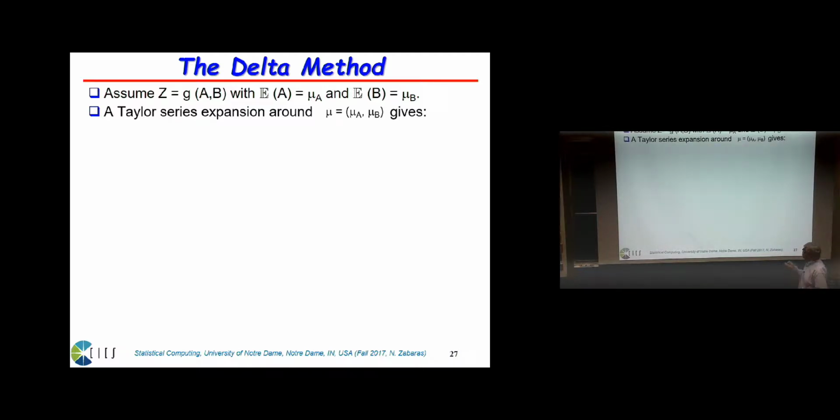So our function g is what in our case? Or what do you think it's going to be? It's going to be a over b. Okay? So this delta method basically works with a Taylor series expansion around the means of a and b. At least you can compute the variance using that.